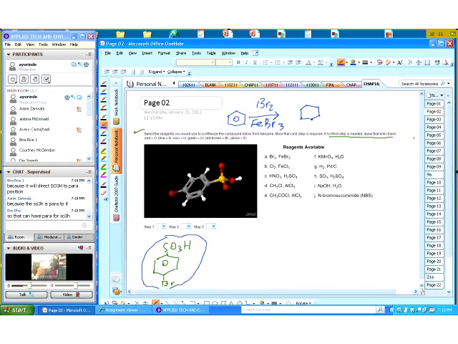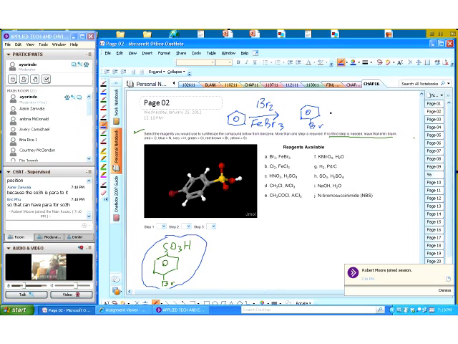Okay, so we do this. So we get our bromine here. Okay, so that means the next step, therefore, we now do our sulfonation reaction, in which we use sulfur trioxide in the presence of sulfuric acid.